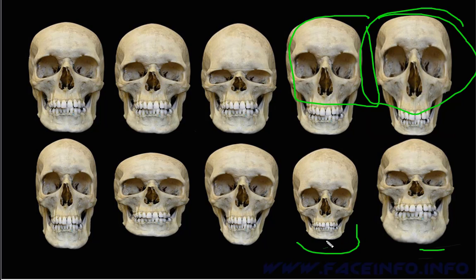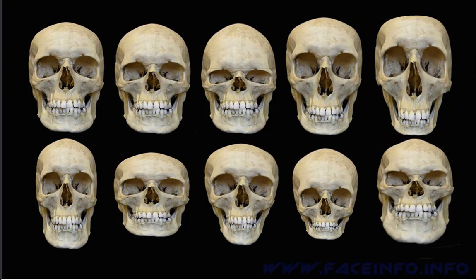If the jaw is too small, it's possible to set an implant on the jawbone and it becomes greater. If the jaw is too big, a part of the bone is ground and it becomes smaller. And again, the result looks natural because the bone is a firm tissue, unlike the lips, for example.